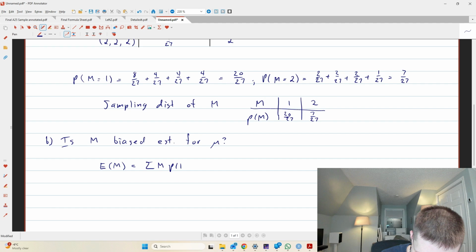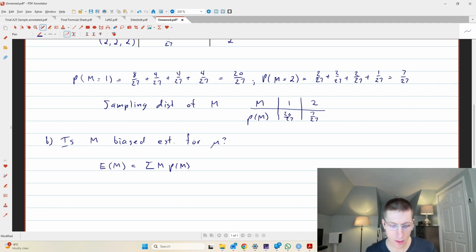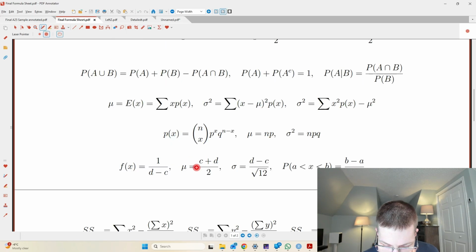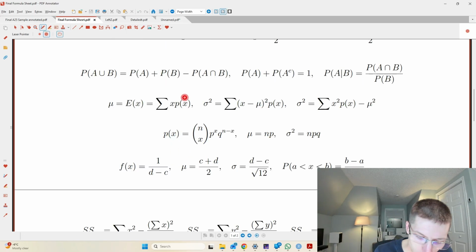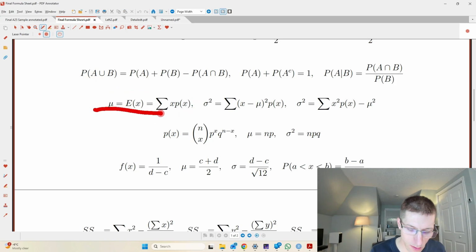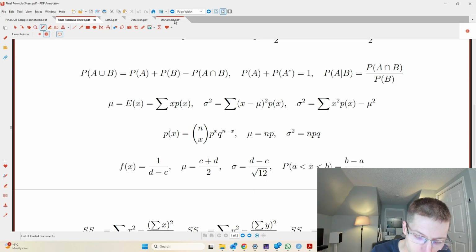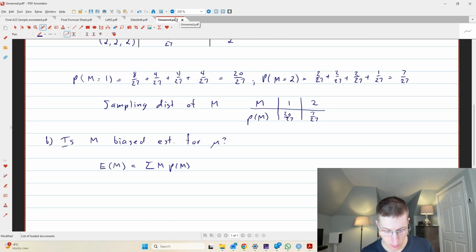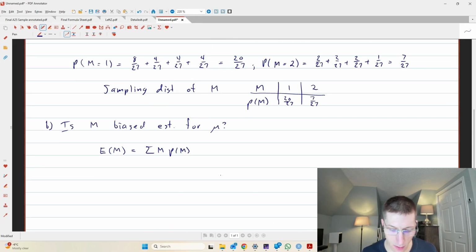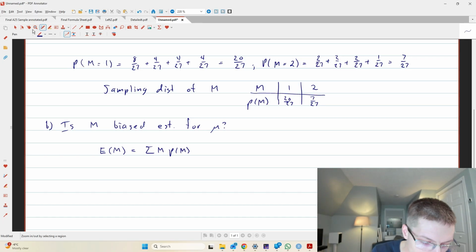sum of M P of M. So that comes from, for discrete variables, we can calculate their mean or expected value from this formula. That's what I'm using, but I'm applying this to M because I now have this variable M. It comes from taking the medians of samples of size 3.